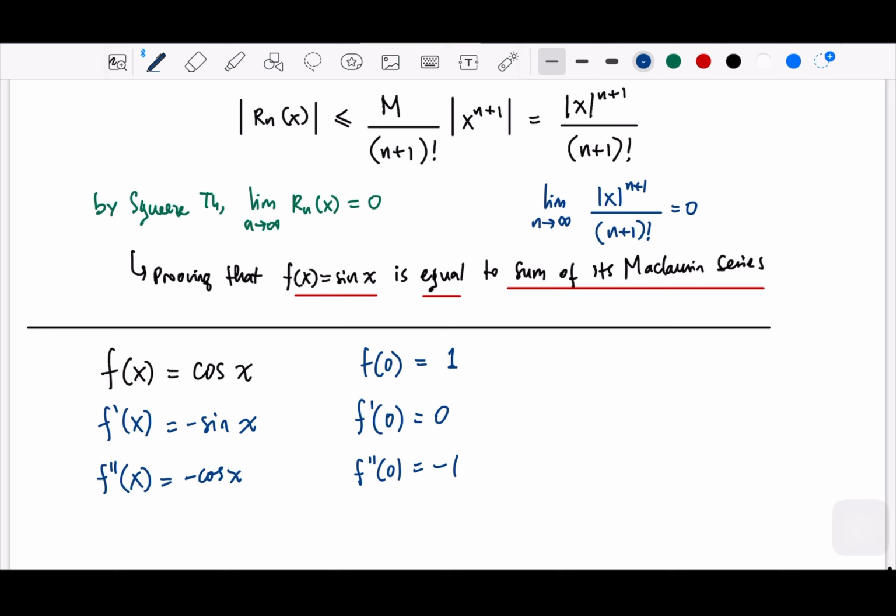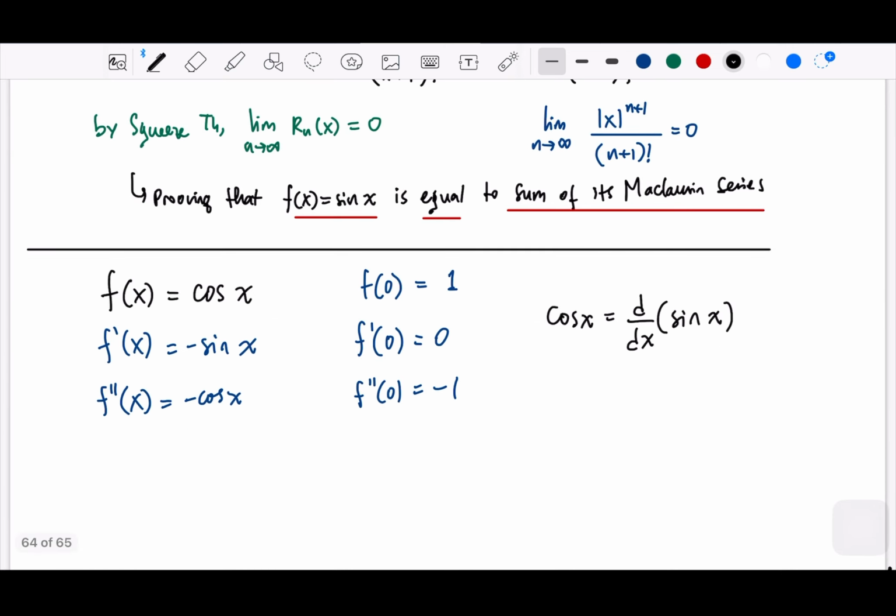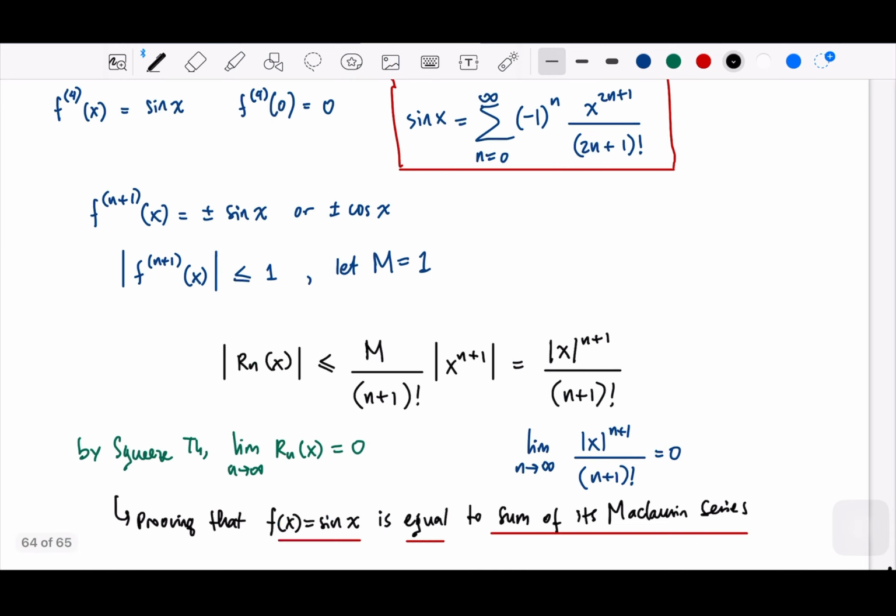Another method that I think is quite interesting, and still related to the previous sections, is that we can take the cosine as a derivative of sine, right? So we can focus on the pattern of the sine that we have written here.